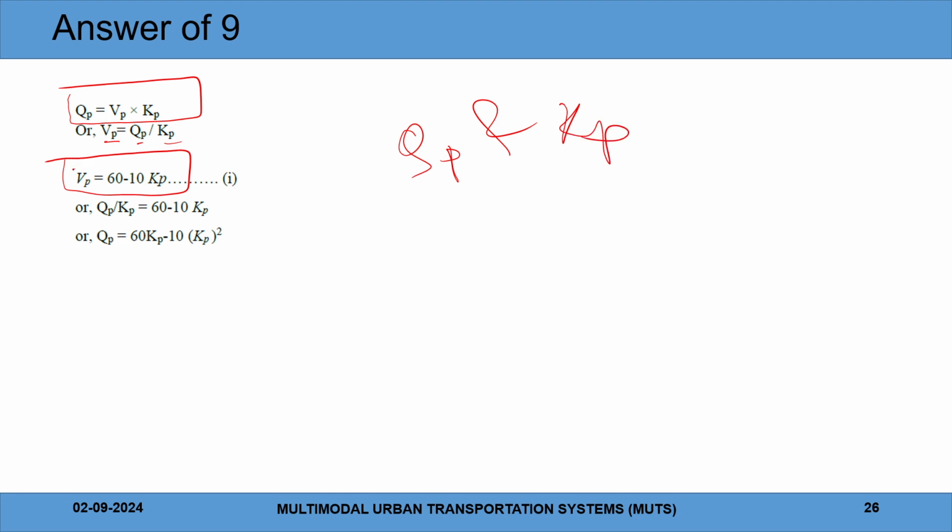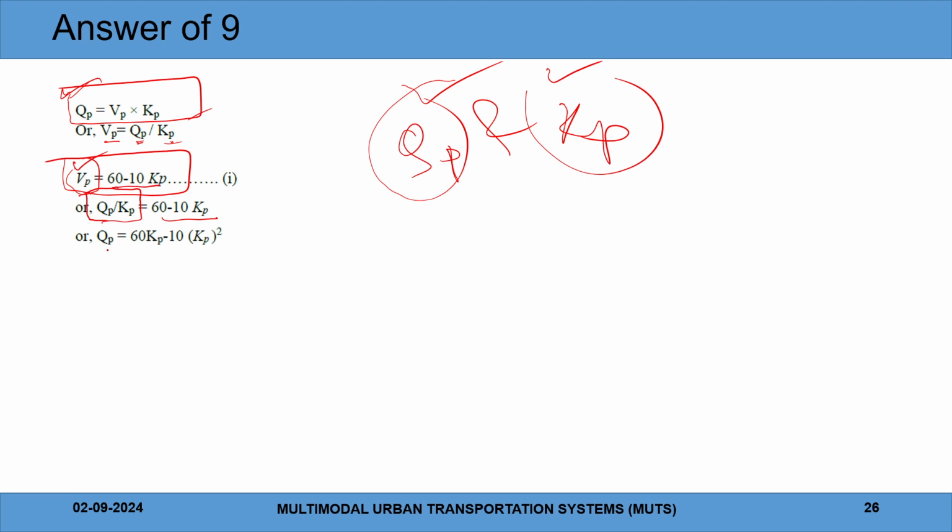Now can we represent vp in terms of qp and kp? If we consider this one, there is a relationship between vp, qp and kp, so we can always represent vp in terms of qp and kp. It will be qp by kp equal to vp. So we just have to put qp by kp in place of vp, and the rest is the same on the right hand side.